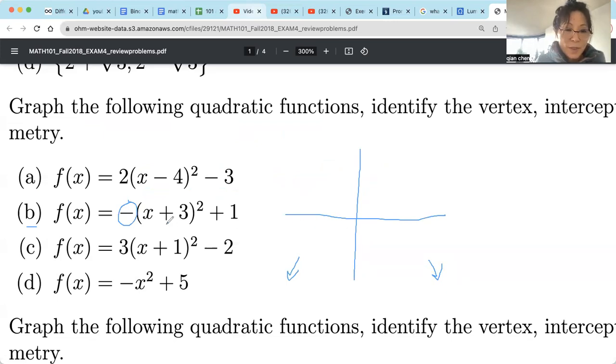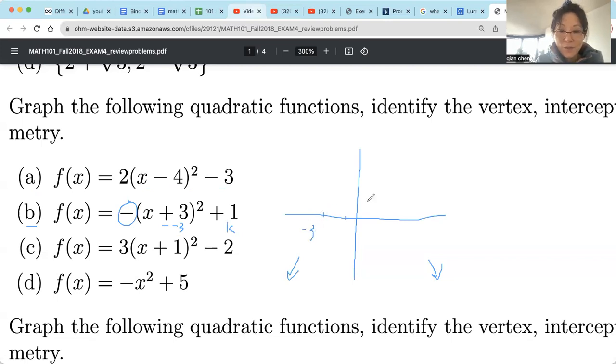So what's h comma k? This is plus, which is a minus negative, right? So h is negative 3. Plus k is 1. Right? So h is the x value. So let's see, negative 3, 1, negative 1, negative 2, negative 3, somewhere here.